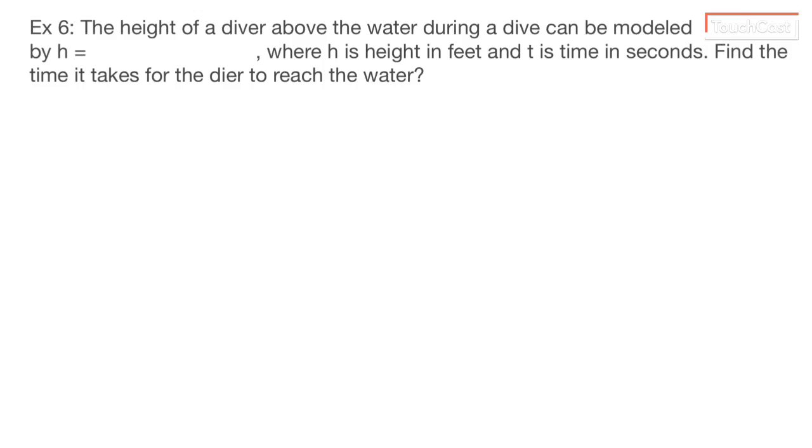So our function, again, was negative 16t squared plus 8t plus 48. So we're going to factor that.